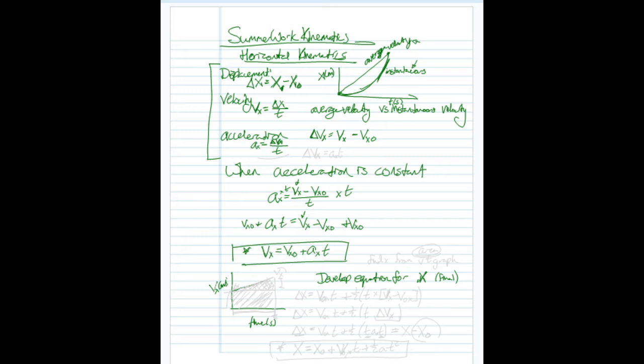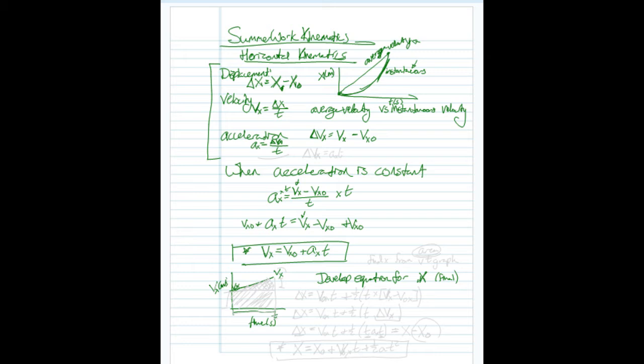If the velocity versus time graph looks something like this. So if we remember, the slope of this graph will be the acceleration. So we have an object accelerating. This velocity that it starts with, we're going to call v0x. This final velocity, we're going to call vx. And this length of time it takes to do this motion, we're going to call t.